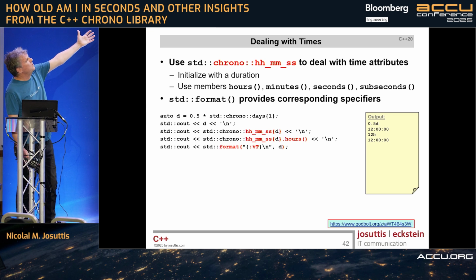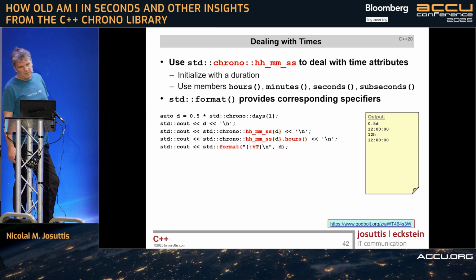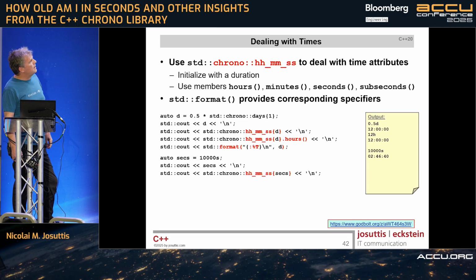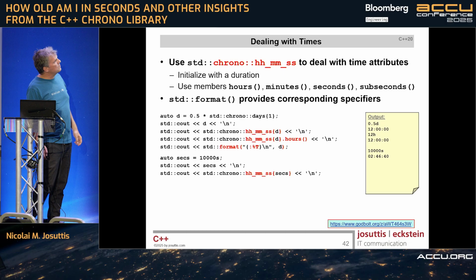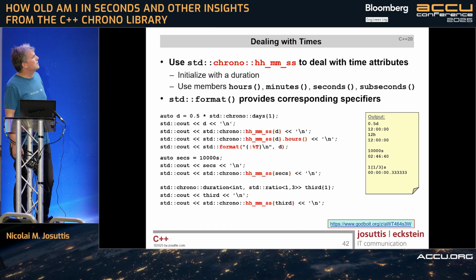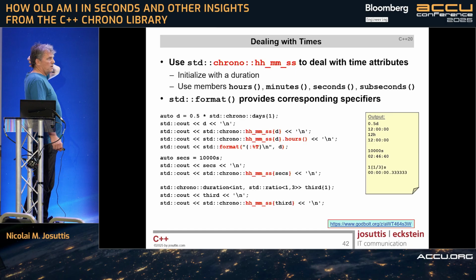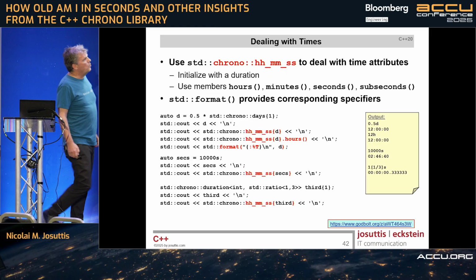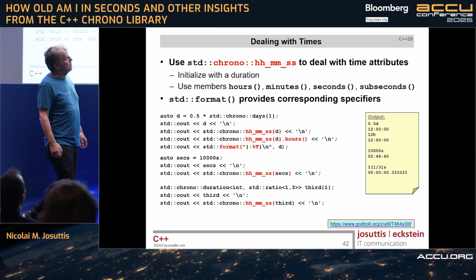Another way is to use std::format with %T for that, because that's the standard format for hour, minute, second. Here's another example. Let's have 1,000 seconds converted to hours, minutes, and seconds. And you see 1,000 seconds are 2 hours, 46 minutes, and 40 seconds. And here's something even more interesting. That's one third of a second.